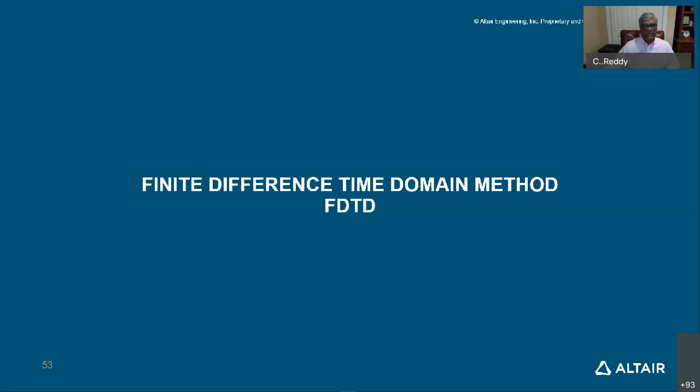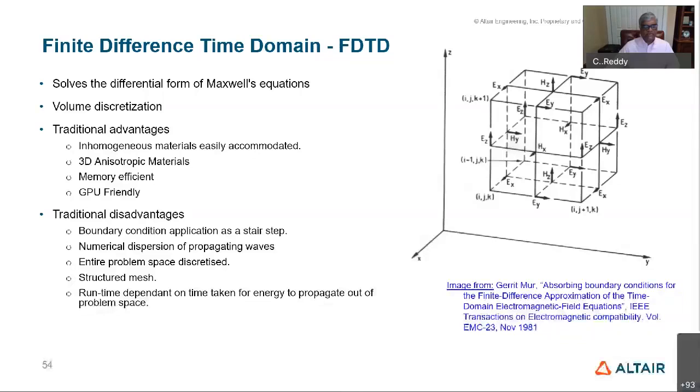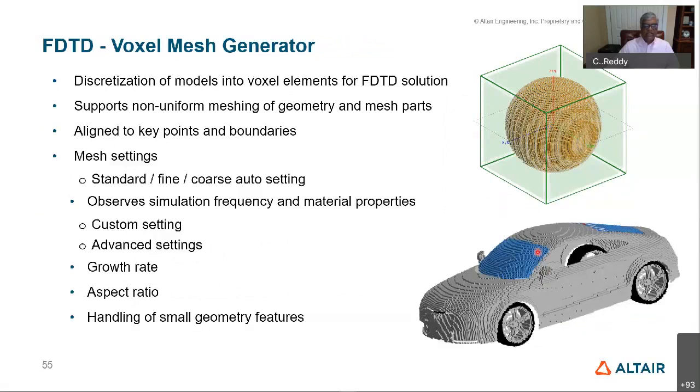Same thing with the finite difference time domain method as well. The only difference between FDTD and FEM is, obviously, that it's time domain. That's one difference. The second difference is that you discretize with voxels like these ones, and it takes much less memory because it doesn't form a matrix. One disadvantage is that the mesh of the FDTD, because of the voxels, could be what we call a staircase approximation of the curved surfaces.